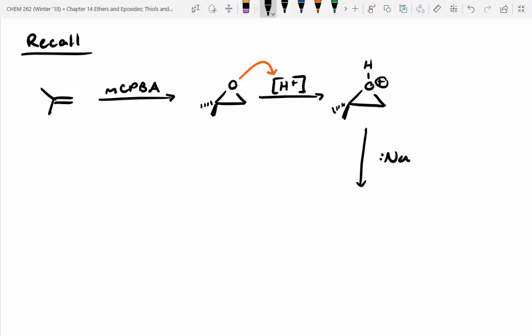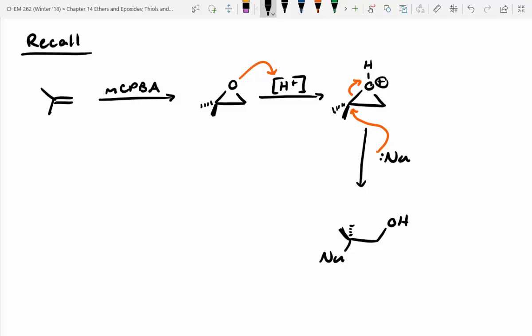And which carbon will it favor attacking? The more substituted one, right? So in this case, it's going to attack here, slingshot this open. And in fact, this was the way we saw for making anti-diols. So if your nucleophile is water, then that OH will be anti to the alcohol that got slingshotted open, right?